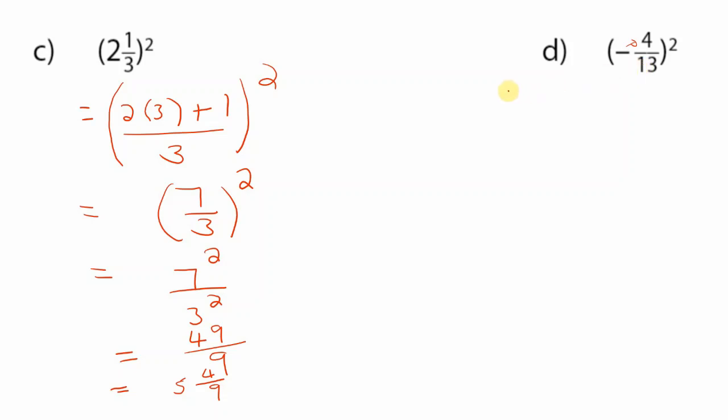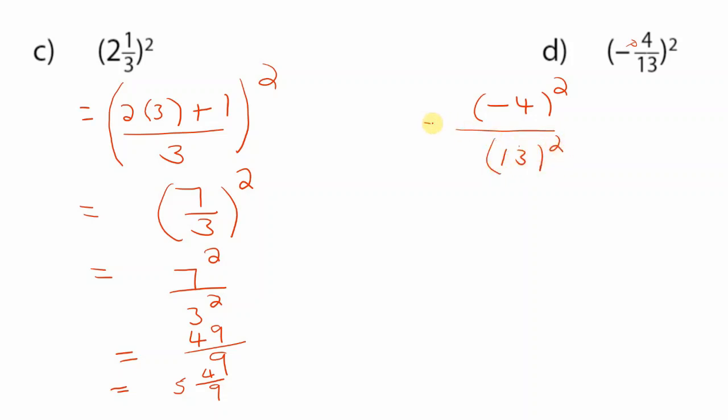You should get to exactly the same answer if you don't make any mistakes. That is now the final answer. So I'm going to say I have negative 4 squared, and at the bottom I have the 13 squared.